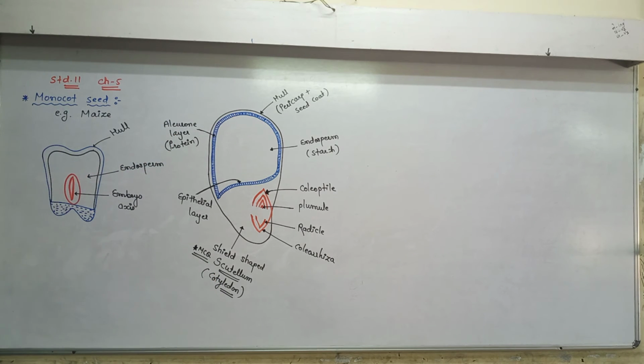This is the longitudinal cut diagram of the maize seed, but when you take a very thin section of the maize seed and stain it in iodine solution, what happens?